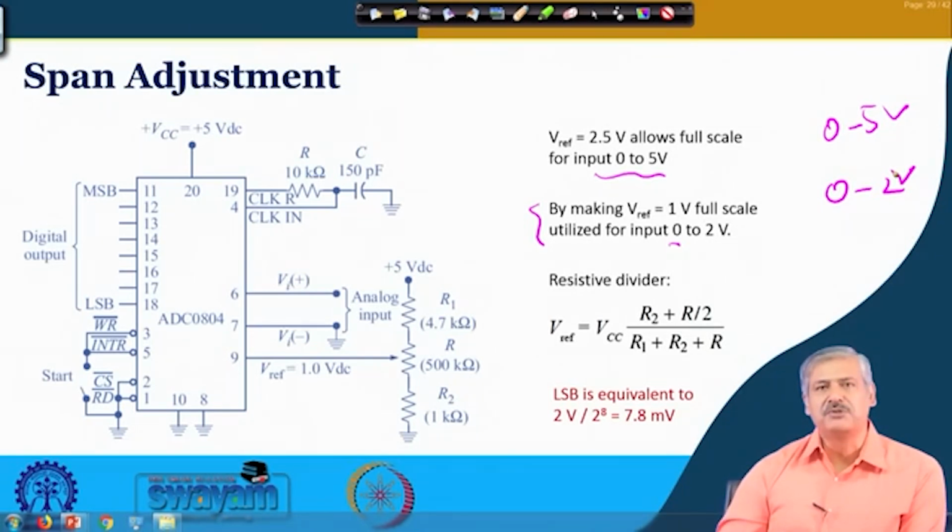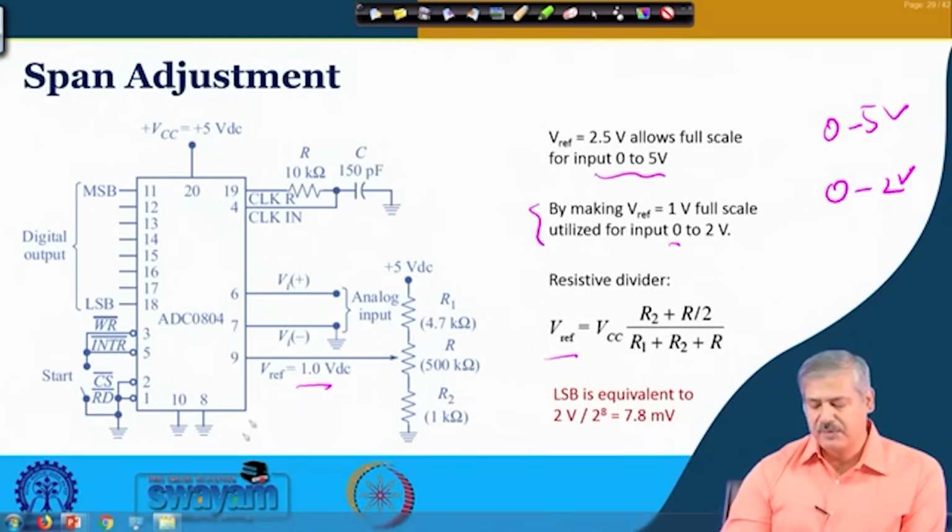This is useful so that you can utilize the entire range of all the bits to encode an analog signal which has a lower range. Otherwise, it will use a lesser number of bits. Accordingly the quantization noise will be reduced if you use the full range of all the bits that are available. To get that particular reference voltage, of course, you can use a resistor divider circuit, something like this, and generate a reference voltage which is 1 volt DC.